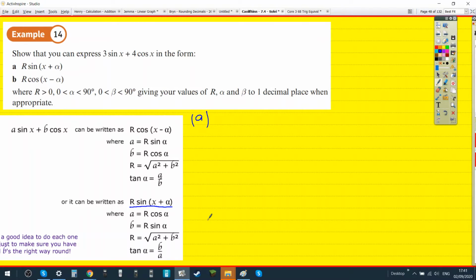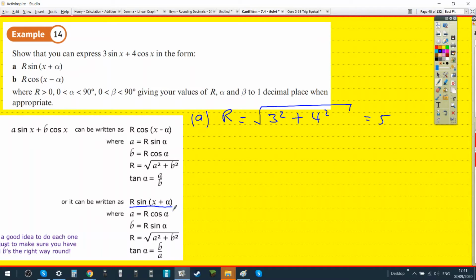So how do we start? Pythagoras of 3 and 4. So 25, so it'll be 5.